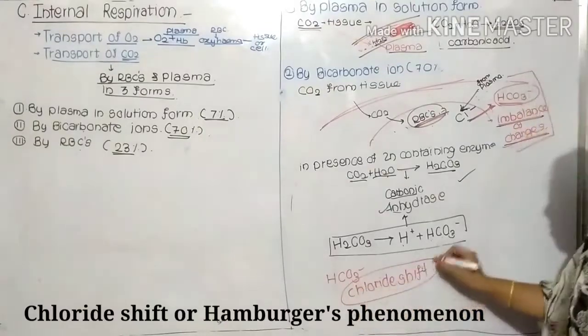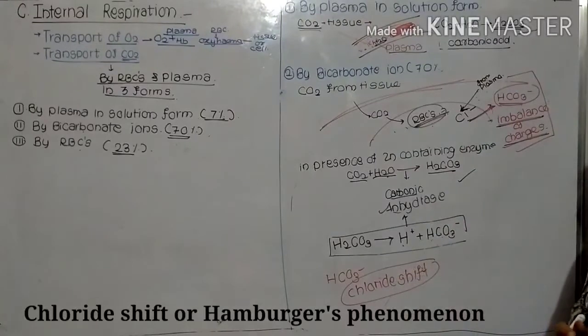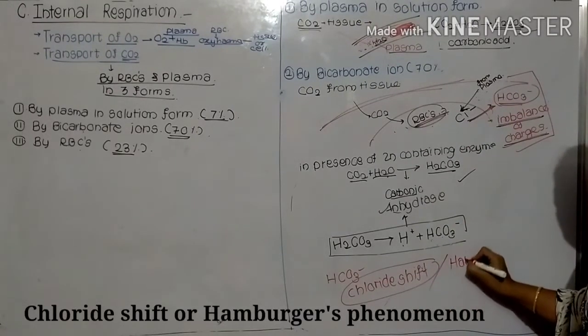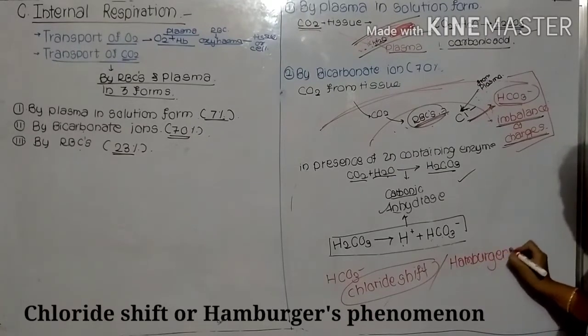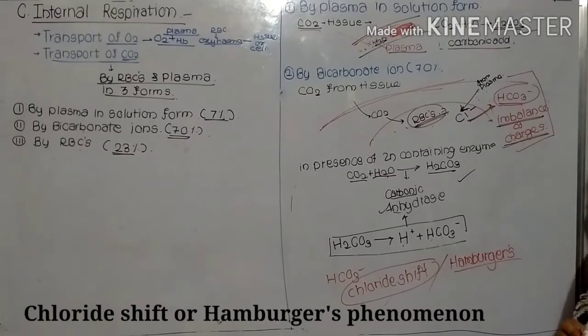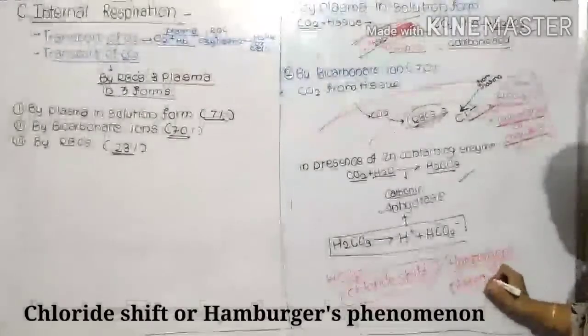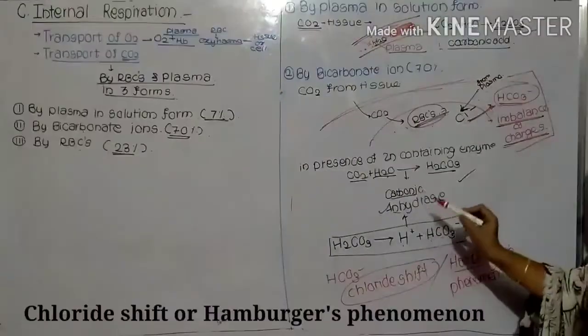Chloride shift means this chloride enters inside the RBC, so that's why it is known as a chloride shift, or it is known as the Hamburger's phenomenon. Understood what I am telling you?